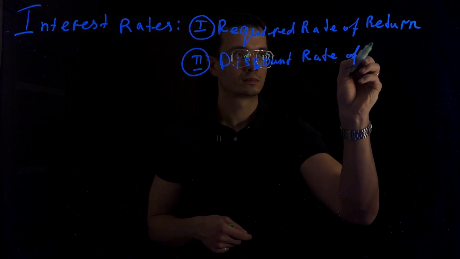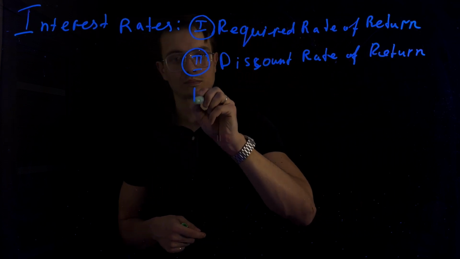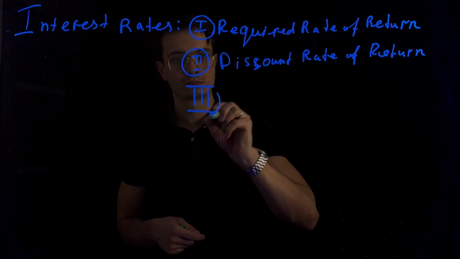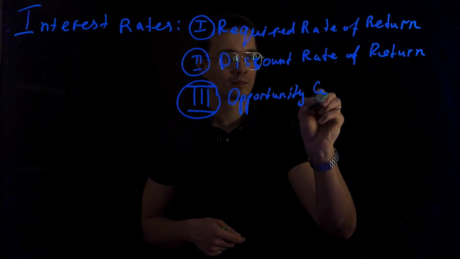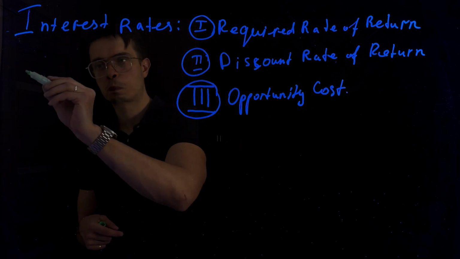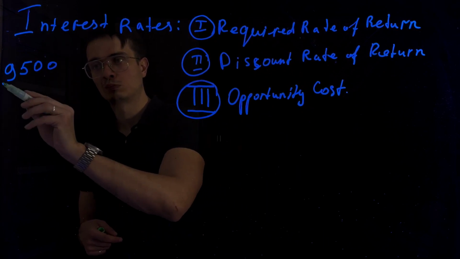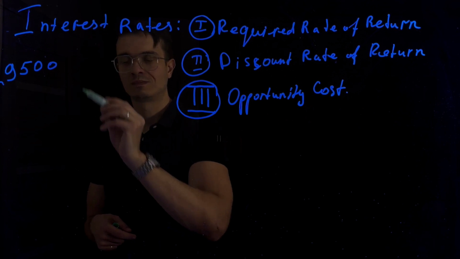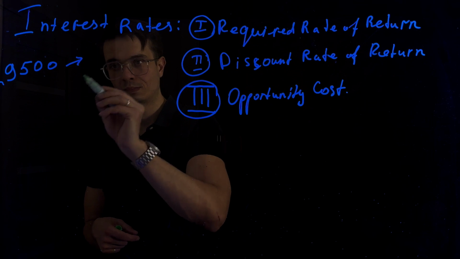An opportunity cost is the value that investors forgo by choosing a particular course of action. In this example, if the party who supplied $9,500 had decided to spend it today, they would have forgone 5.26% on the money.